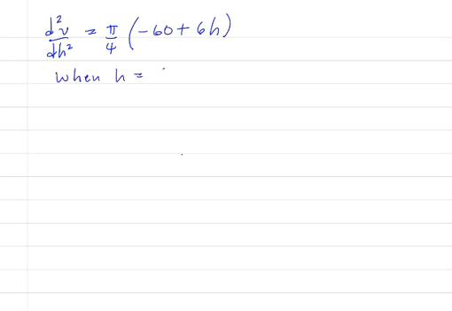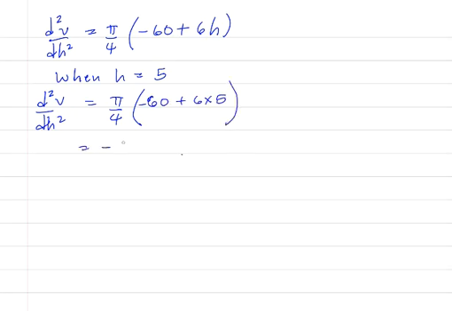We have d2V by dh squared is equal to pi over 4 times minus 60 plus 6h. When h is equal to 5, d2V by dh squared is equal to pi over 4 times minus 60 plus 6 times 5, which is 30. So this is minus 30 pi over 4.